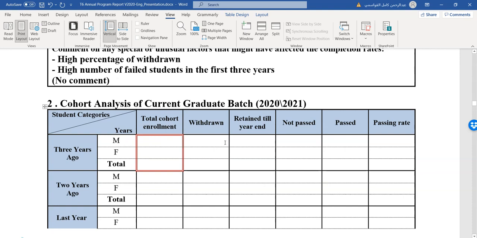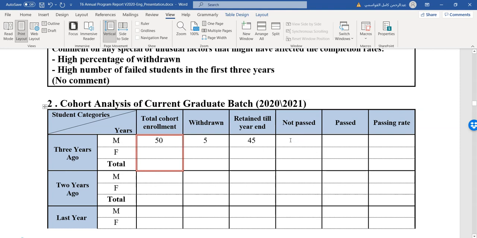For the electrical engineering example, if 3 years ago the total students enrolled in my program was 50, in this year, for example, 5 students withdrew, and the number retained till year end is, for example, 45.